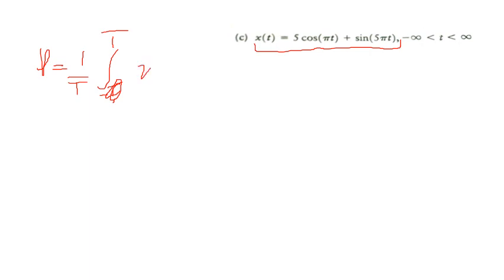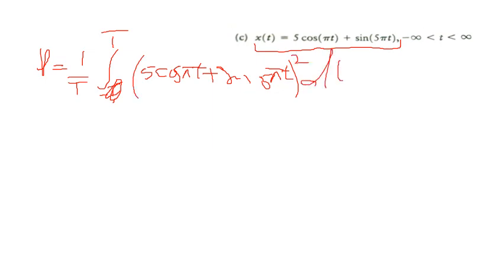So that is x of t, which is basically this one: 5 cos of pi t plus sine of 5 pi t, and the whole square, dt, right? So you open the formula, then you see the square of the first term.